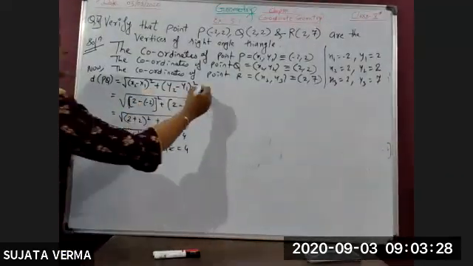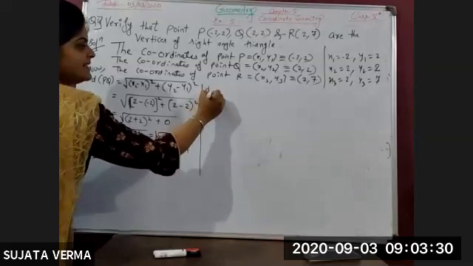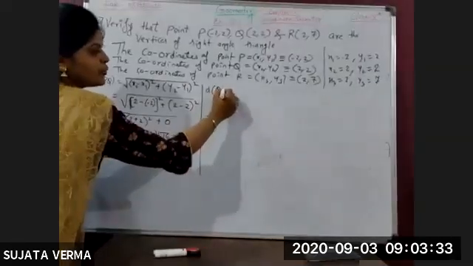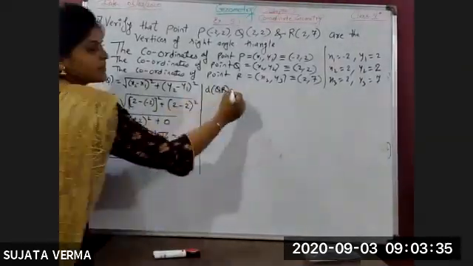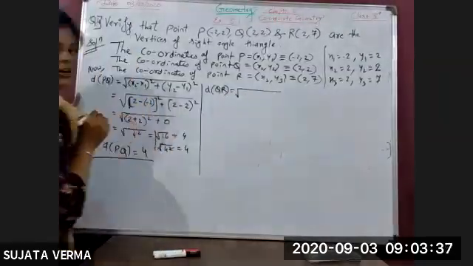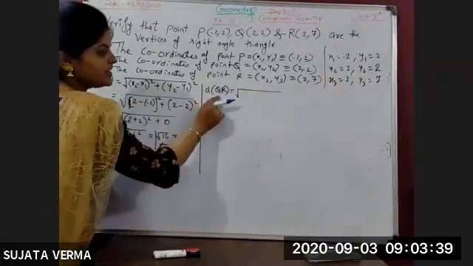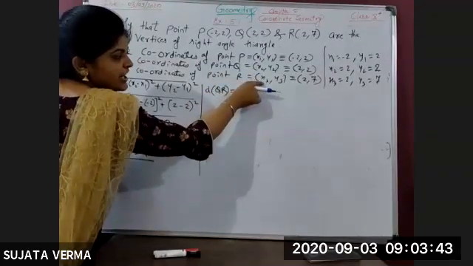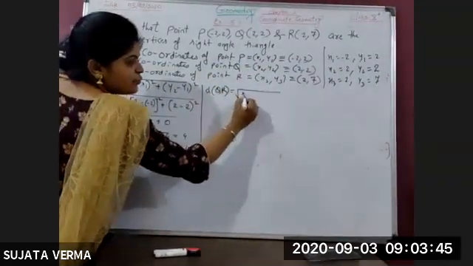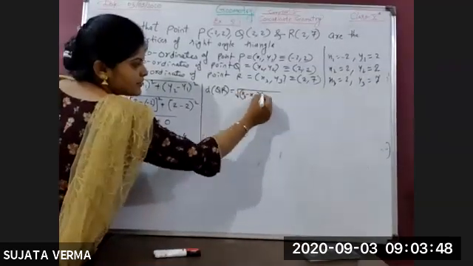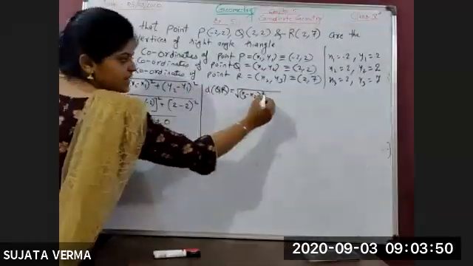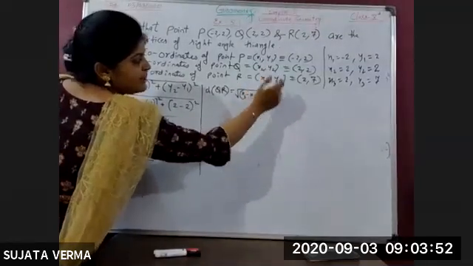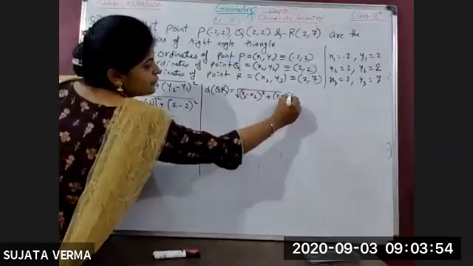Then we find the distance of QR. Applying the distance formula, in this case we take Q and R. So we write (x3 minus x2) square plus (y3 minus y2) square.